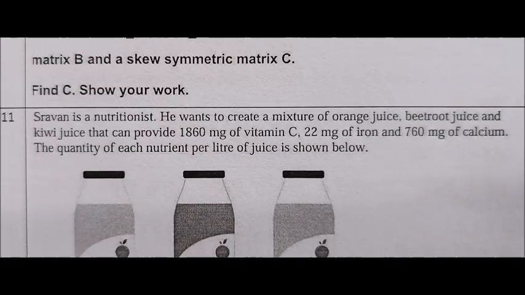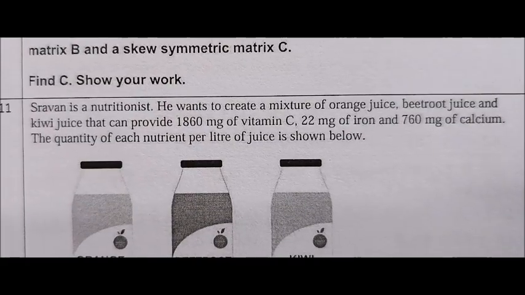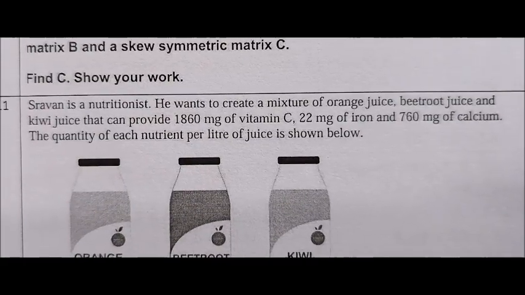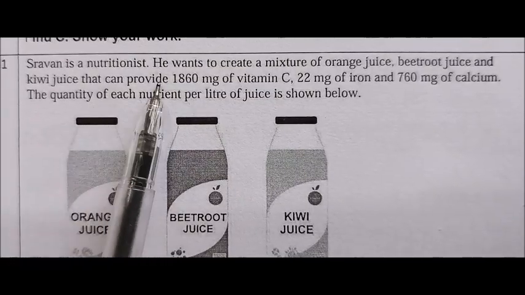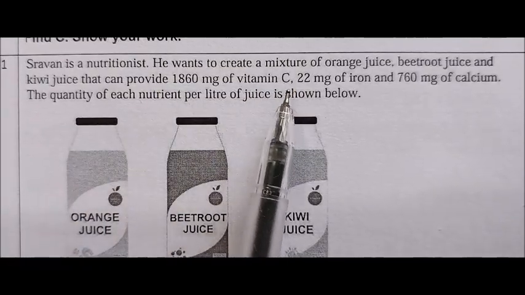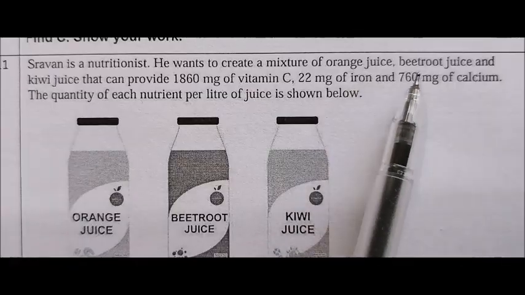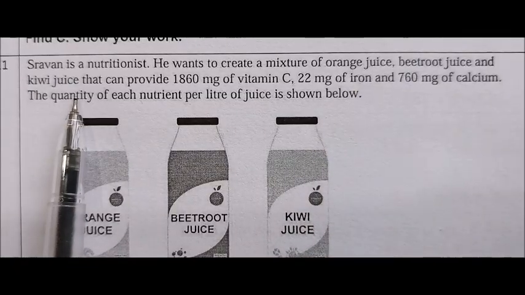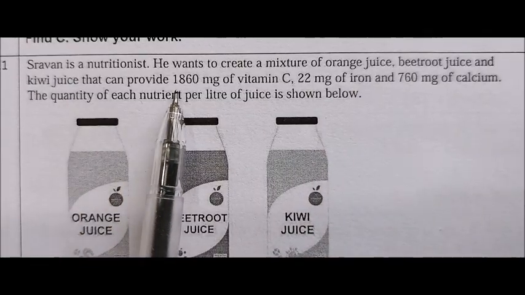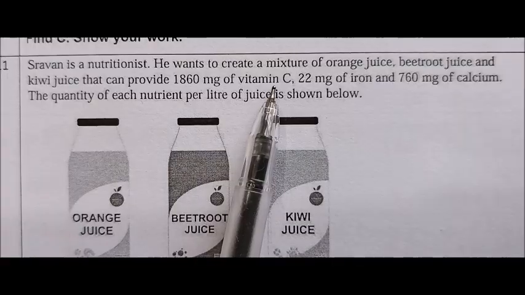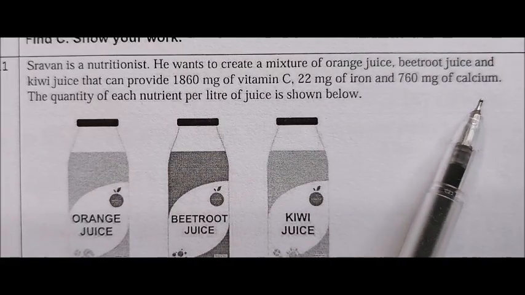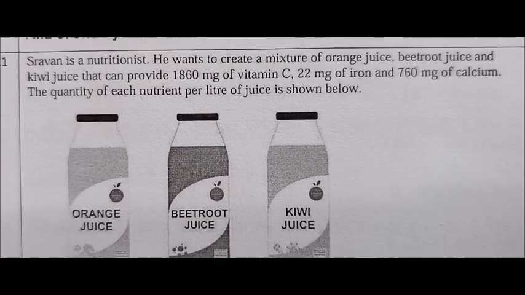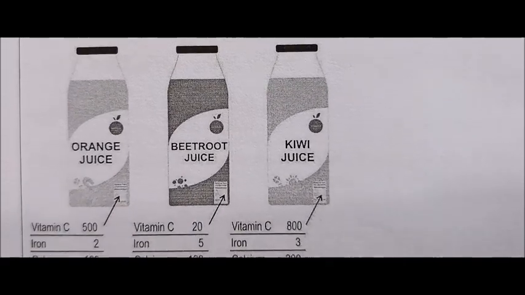Question number 11. In this question, there is a case they have given us. Case: some person is a nutritionist. He wants to create a mixture of orange, beetroot and kiwi juice that can provide 1860 mg of vitamin C, 22 mg of iron and 760 mg of calcium. The quantity of each nutrient per liter of the juice is given below.